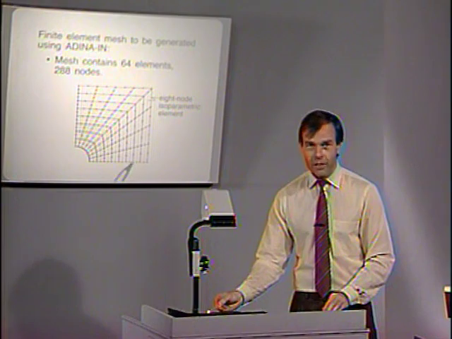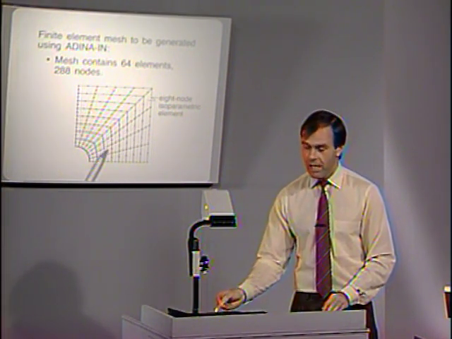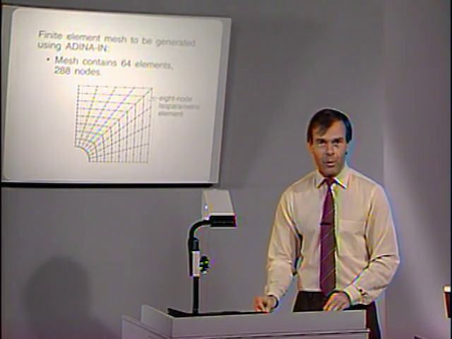Our first step is to look at how we are generating, using ADINA, this mesh, and also the other data that are required for use of ADINA. So let's look at this first step now, after which I will introduce you to the next step and continue with the narration of the analysis.